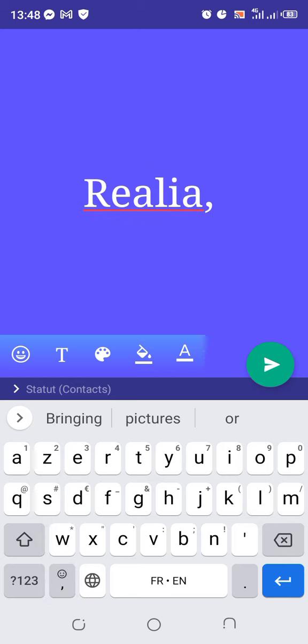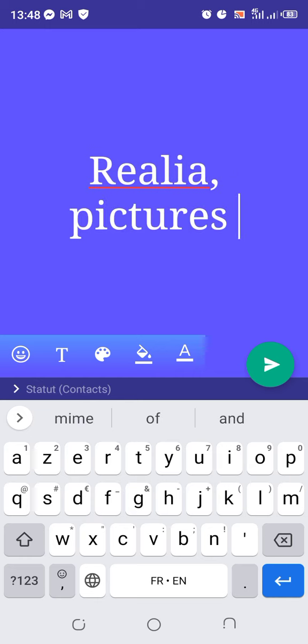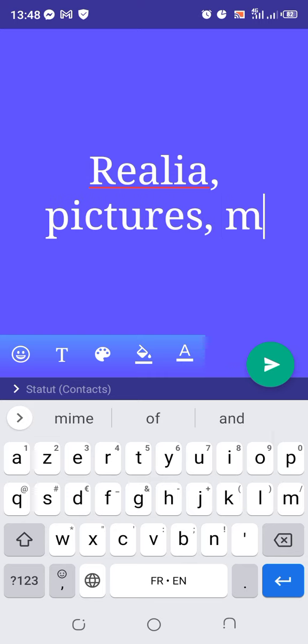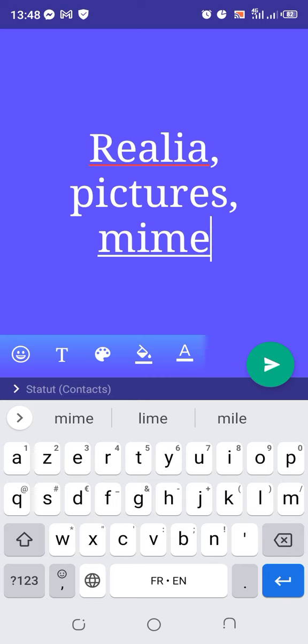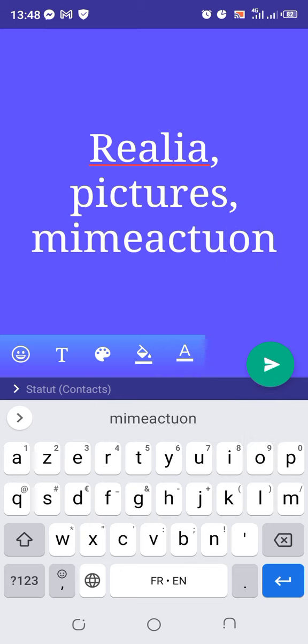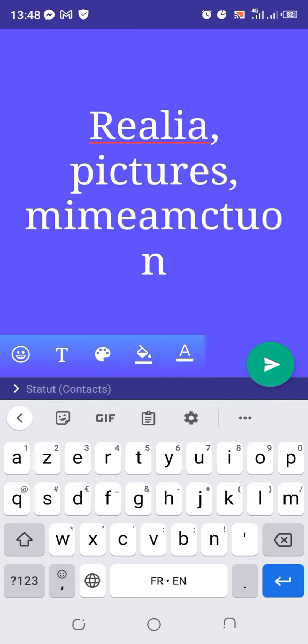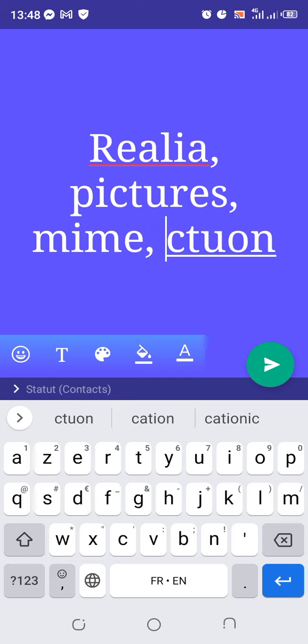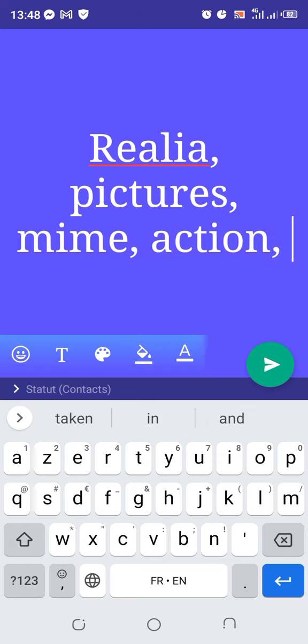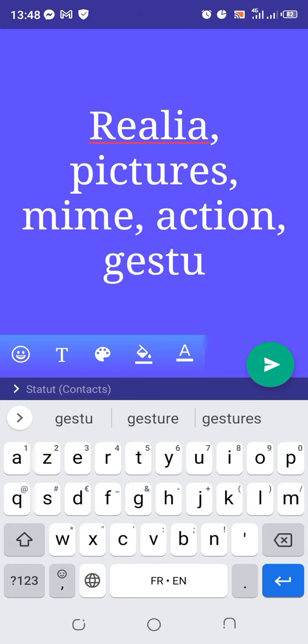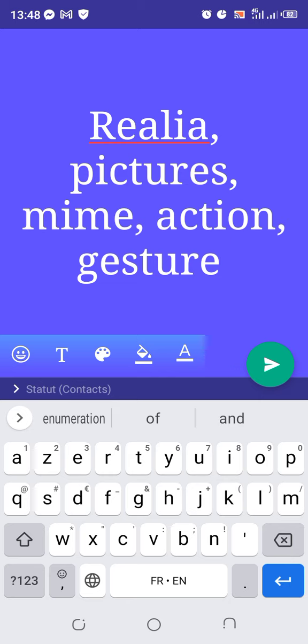We've got picture, mime, action, gesture, and then we've got contrast.